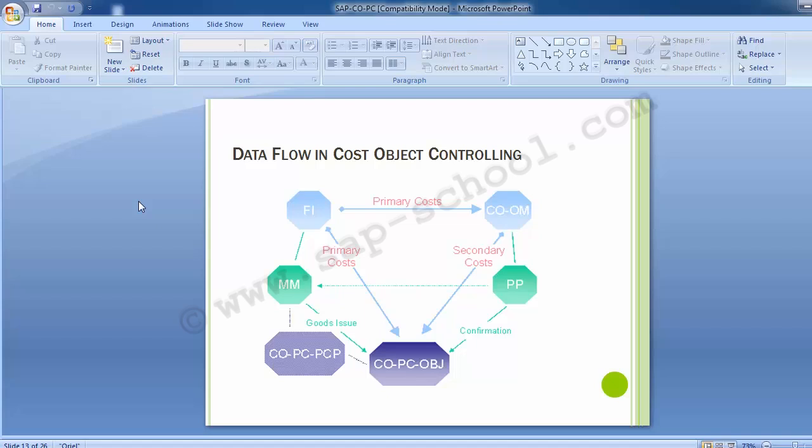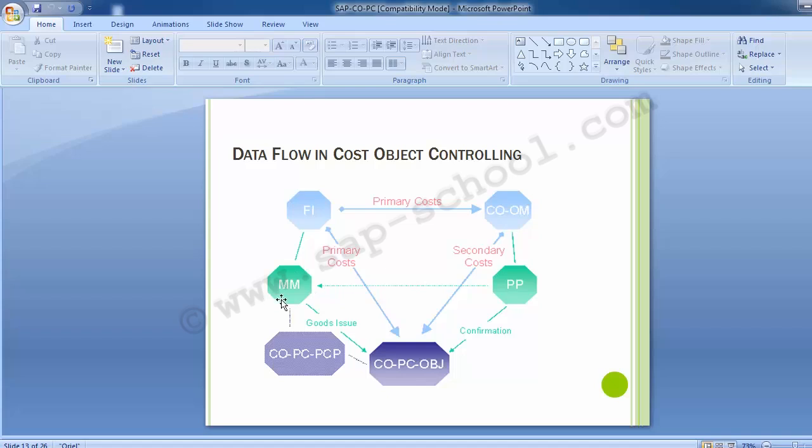Now moving on to the data flow in the cost object controlling. As you can see in the diagram on the screen, it reflects how the cost flows from one particular component to another component and finally to the cost object controlling part. The data flows from the PP side and the MM side.